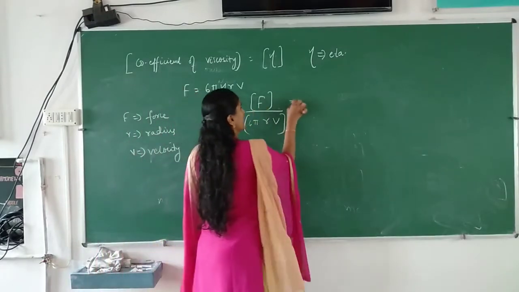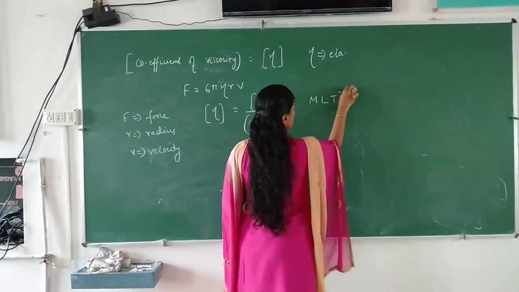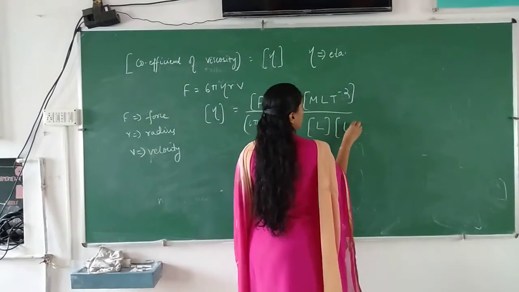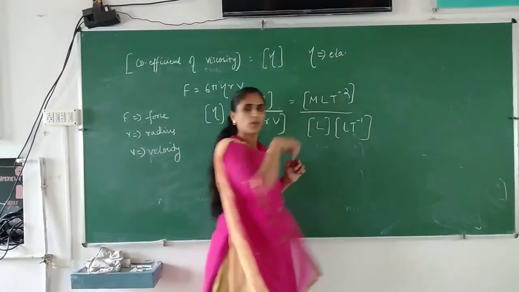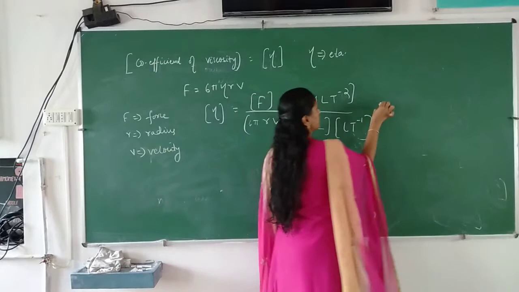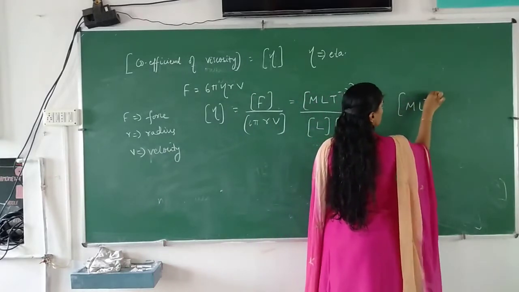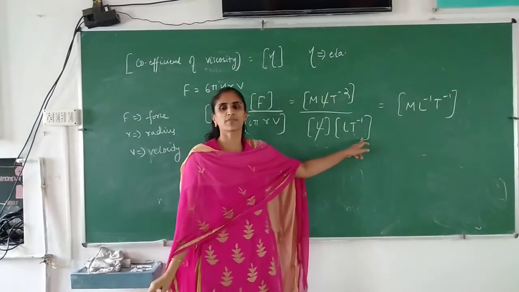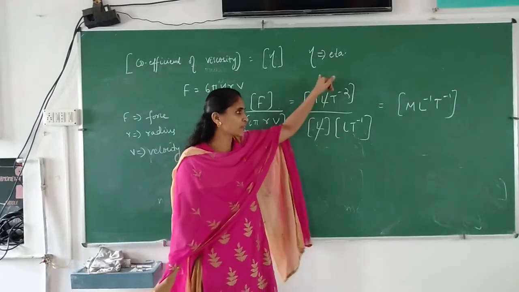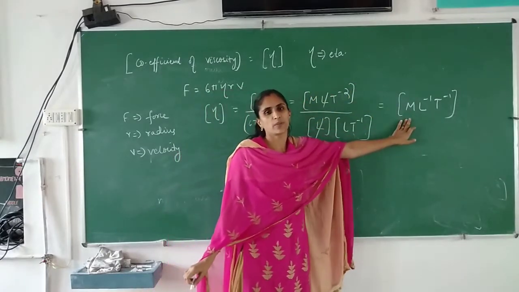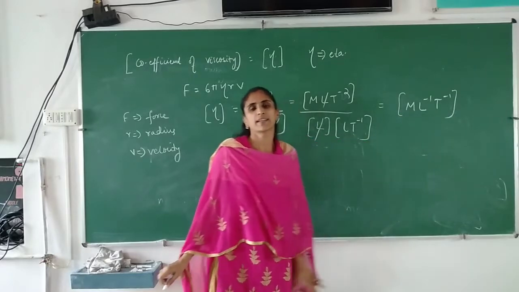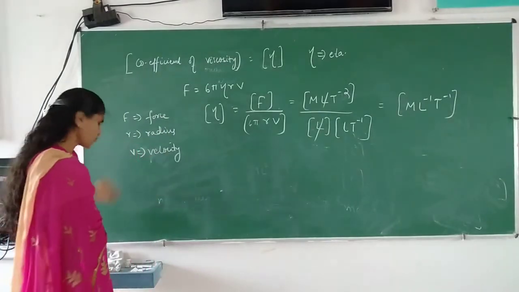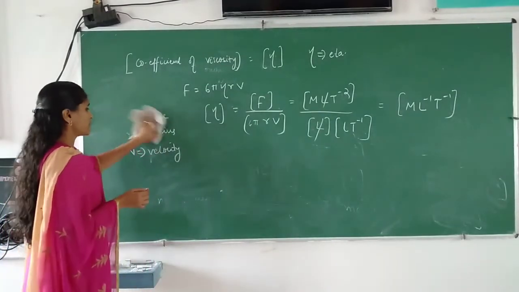So the dimension of F is M L T^-2 divided by L into L T^-1. How? One L will get cancelled, one T^-1 will get cancelled, and this 1 by L, if it goes to the numerator, will become L^-1. So M L^-1 T^-1 is the dimension of the coefficient of viscosity. Similarly, so many constants are there, and you can find the dimensions of those things.